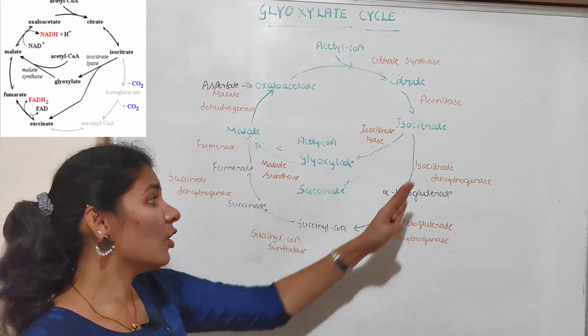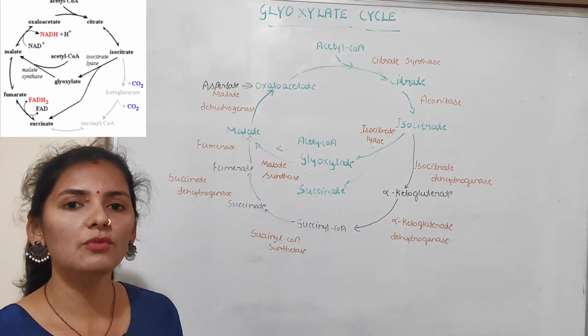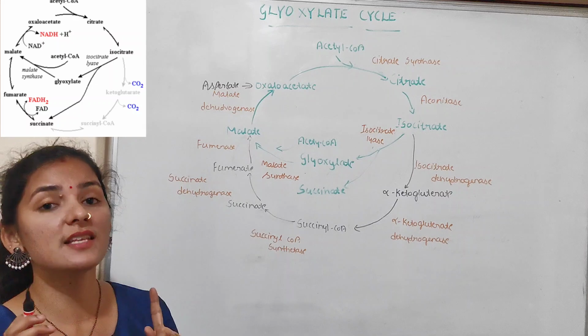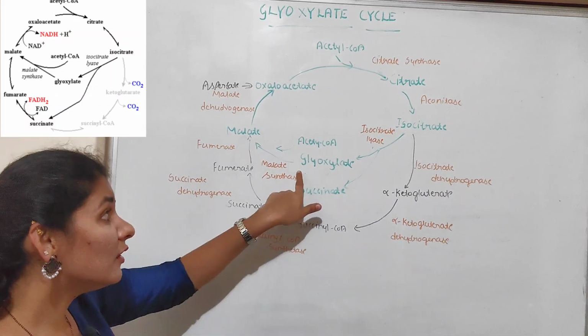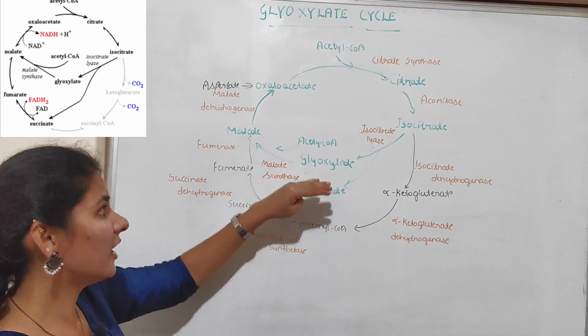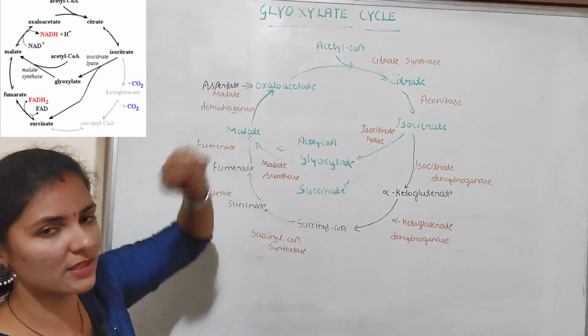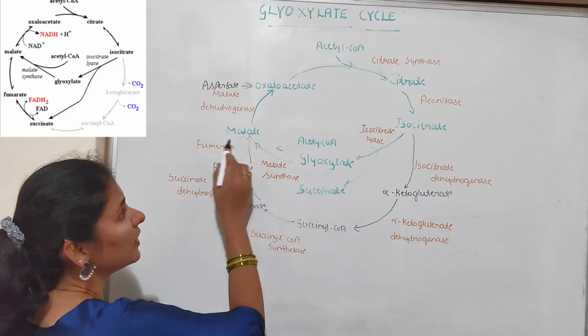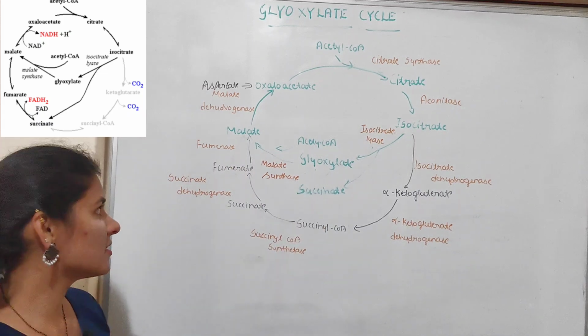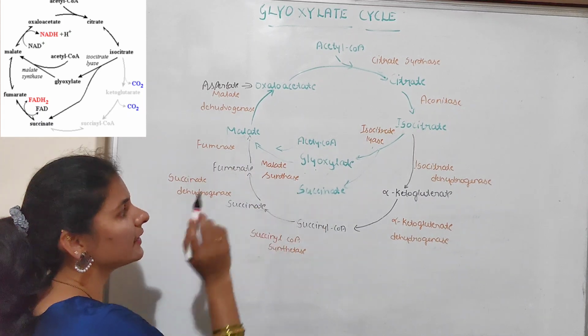So in this, the loss of two carbons in the form of decarboxylation is skipped or bypassed, and two carbons are saved in the form of glyoxylate. That's why it is known as the glyoxylate cycle. In the next step, this glyoxylate is converted into malate in the presence of the enzyme known as malate synthase.